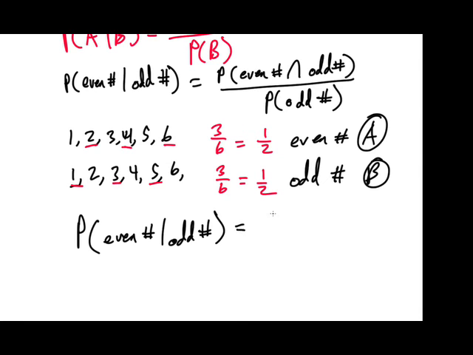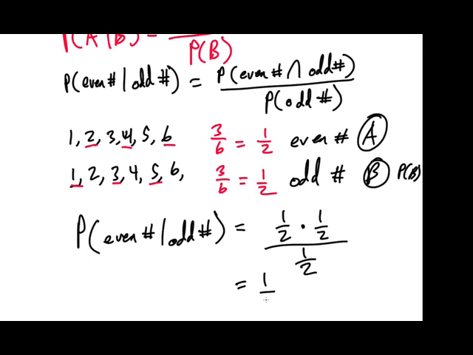So this is equal to your probability of even number times, this "and" means that you're going to have to multiply, your odd number. So we have 1/2 times 1/2 all over, and then what's the probability of an odd number happening? Well, we have it right here, event B, the probability of B is going to be 1/2.